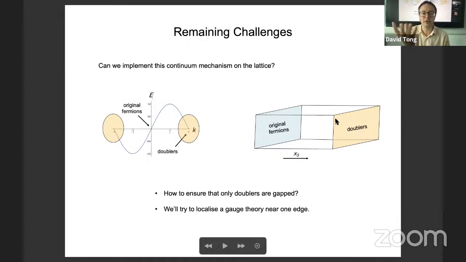Now, quantum field theory is naturally local in position space, not in momentum space, which makes you think that the obvious thing to do is to try and introduce interactions in this picture, in the domain wall slab. So try and somehow put interactions that the fermions on one side of the slab feel and the fermions on the other side do not.